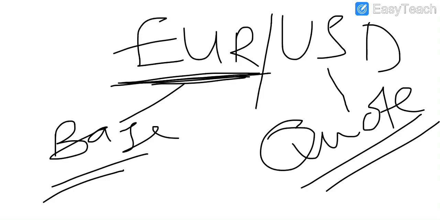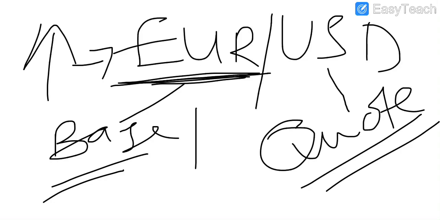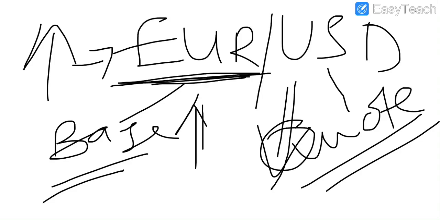As I told you, if you place a buy order for euro, it means you are saying the euro will rise and the USD will fall. So you are selling your USD for euro.